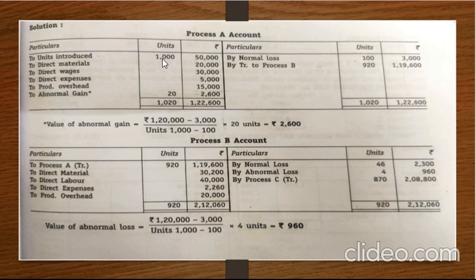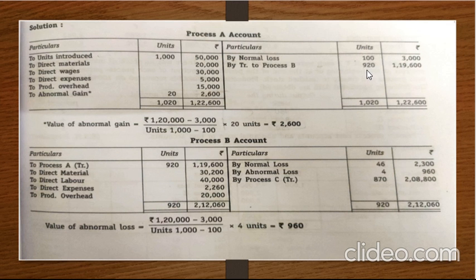If you add 920 plus 100, the total will give you 1,020. So the output is 20 units more. Input was only 1,000, but we have got 20 units more.